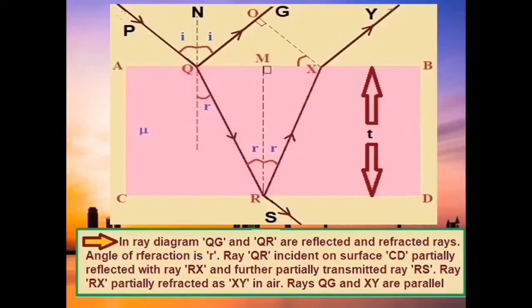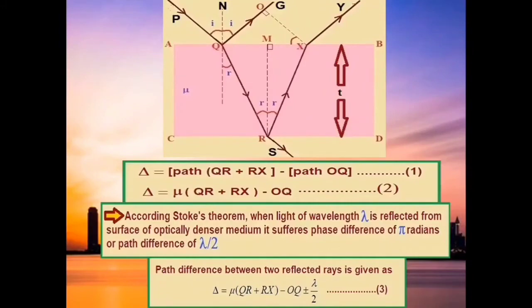As you can see, delta, that is the path difference, is equal to mu into (QR plus RX) minus path OQ. This is equation 1. Path difference delta is equal to mu into (QR plus RX) minus OQ. This is equation 2.